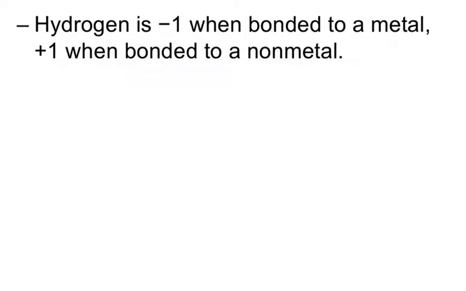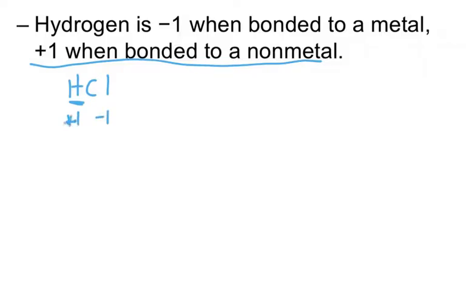Now let's go to hydrogen. Hydrogen usually is actually +1. Now hydrogen is +1 when it's combined with a nonmetal. And when hydrogen is +1, you'll usually see it written in front of the compound. Here, hydrogen is +1 and chlorine is -1.